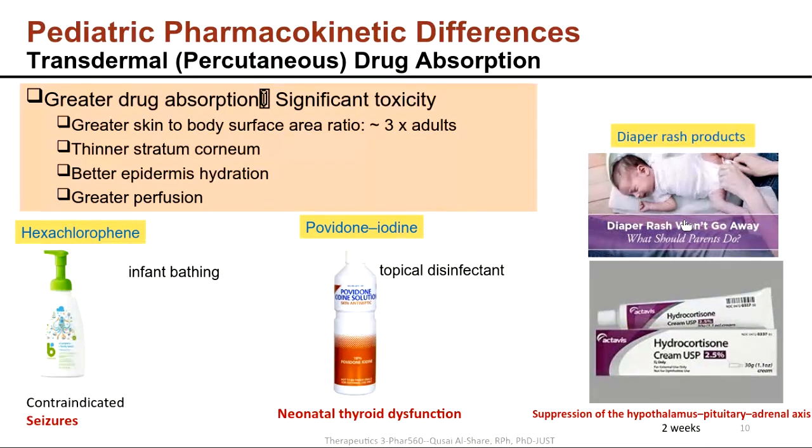So if they apply it continuously, even for 2 weeks, they will have suppression of the hypothalamus pituitary adrenal axis. So you can imagine the effect of this topical cream, hydrocortisone, on systemic action, on systemic suppression of the hypothalamus pituitary adrenal axis. So never use it for larger quantities and for a longer period of time.